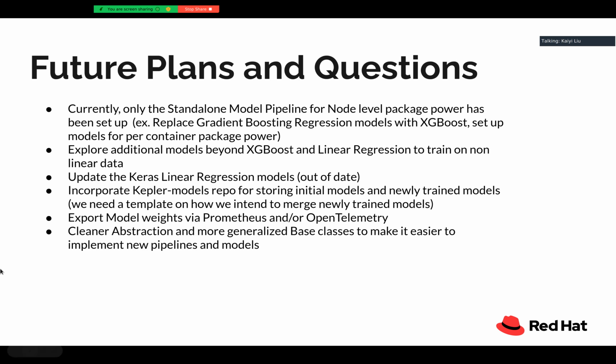So we want to make it easier to implement these new pipelines with better documentation and more generalized abstract classes, so that we don't have methods that aren't actually useful or relevant, which makes the code a lot dirtier.